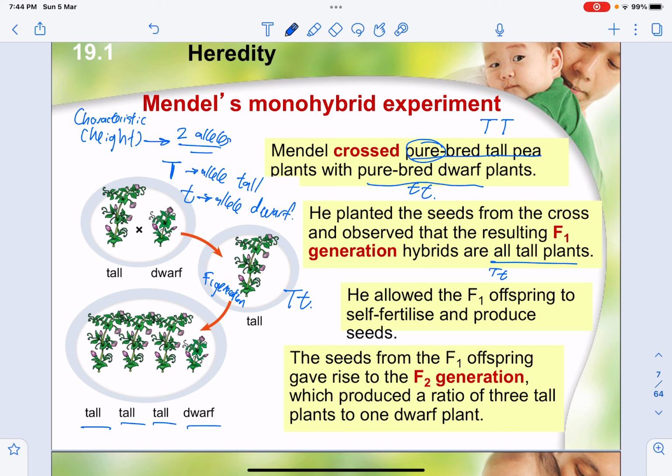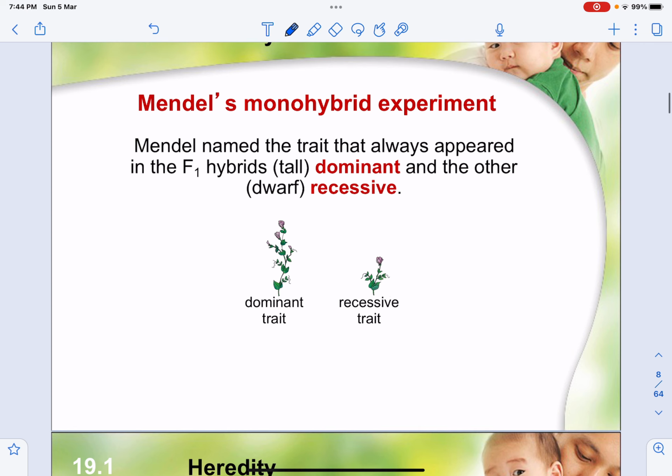So then there's the hypothesis that this shortness of gene must have resulted from the initial parent, that means the F1 generation's parent. So the gene would have passed on from the parent to the F1 generation, and then later on to the next one, which we call the F2 generation. So he renamed the traits that always appear in the F1 hybrids dominant and recessive.